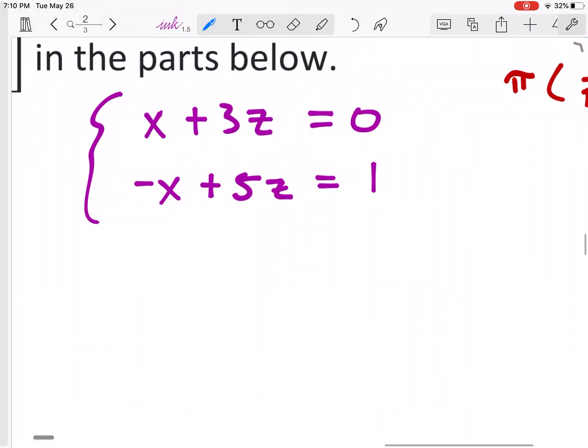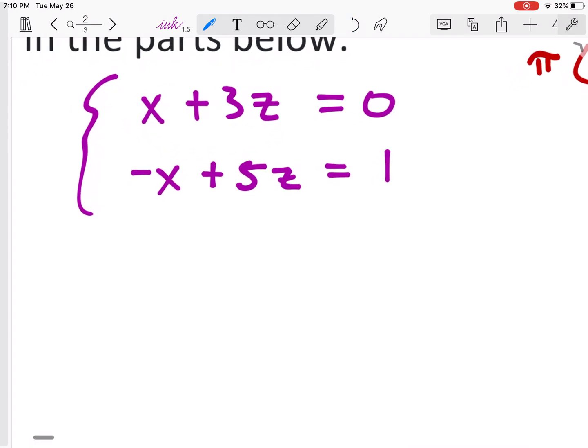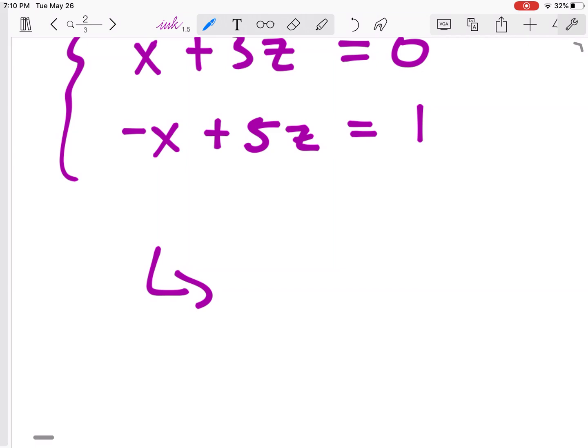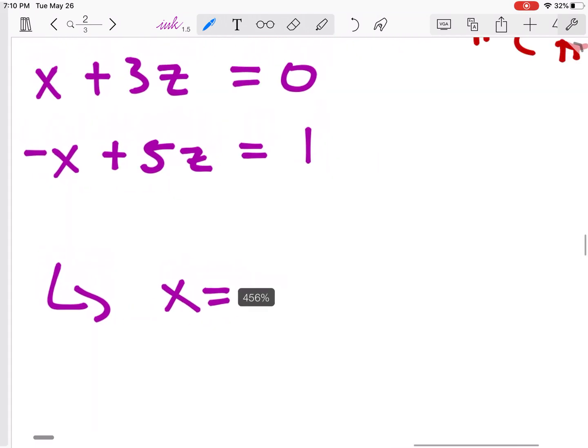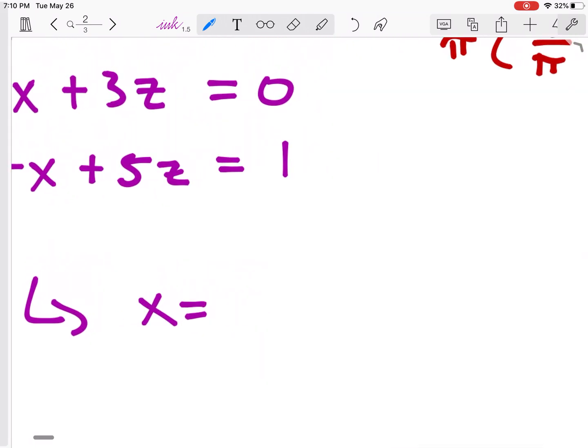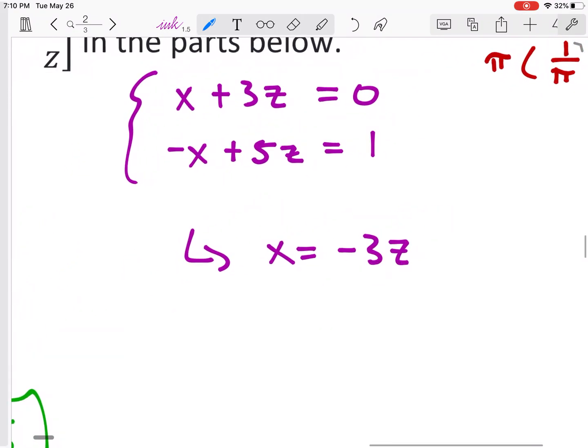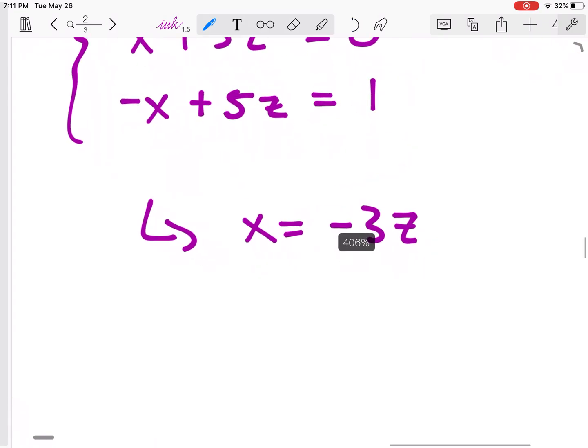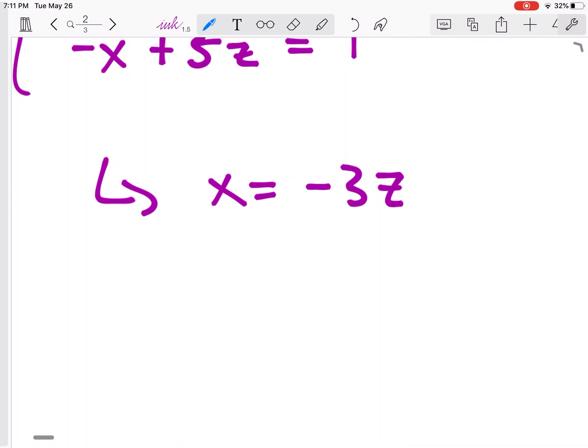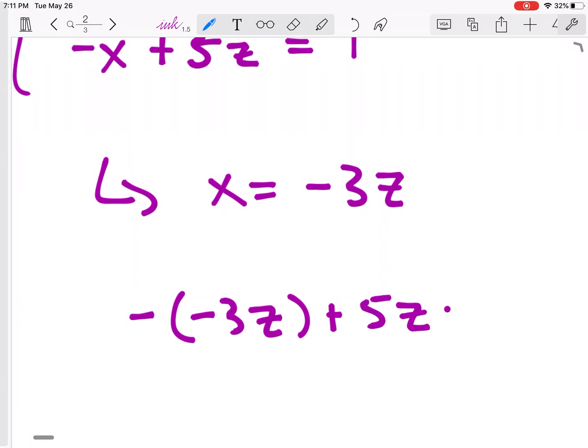Solve for that. Well, I can easily solve for x in this first equation. Just subtract 3z from both sides. So we get x equals 0 minus 3z, which is negative 3z. Alright, so we use this first equation. We'll now plug in what we know into the second equation here. Negative 3z plus 5z equals 1.